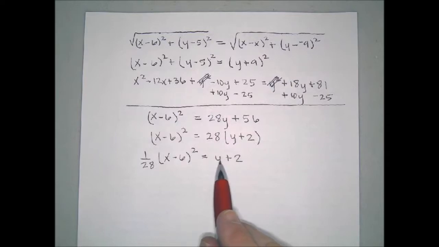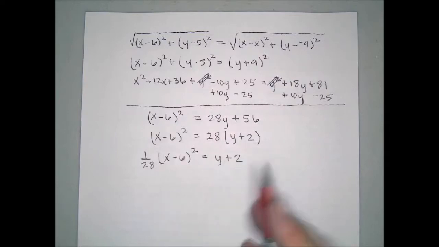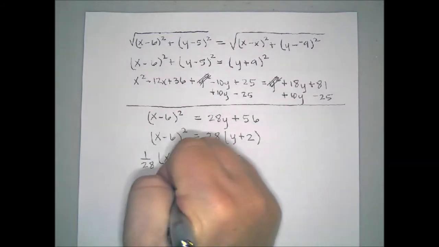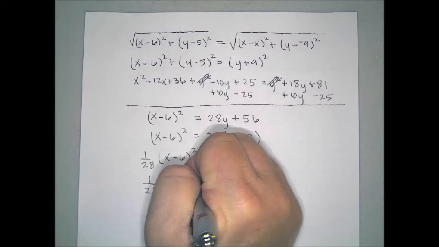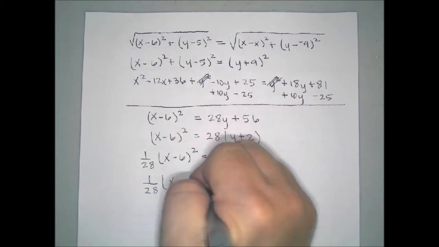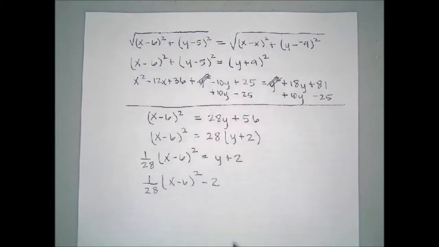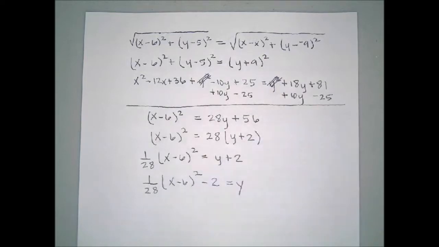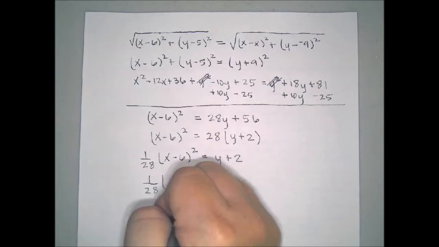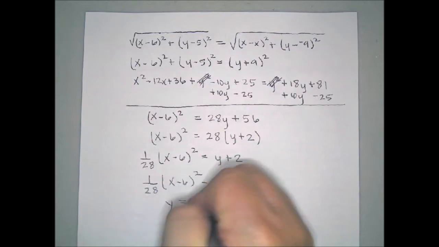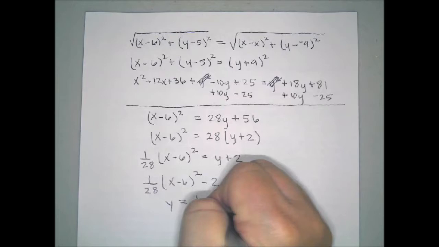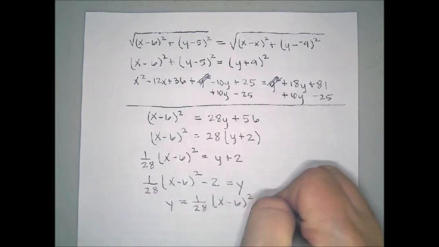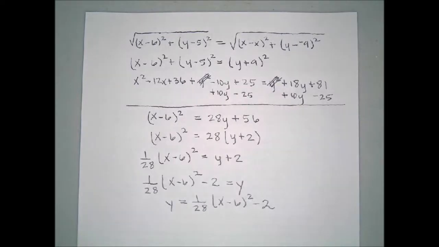Now, if I wanted y equals, the only thing hanging around with the y now is the plus 2, so I would subtract 2, and I'd get 1 over 28 x minus 6 squared, and when I bring it over to the other side, it's minus 2 equals y. Or if you like the y being first, y equals 1 over 28 x minus 6 squared minus 2.